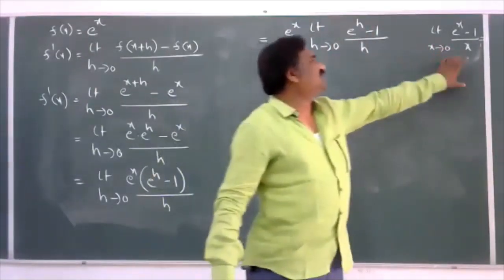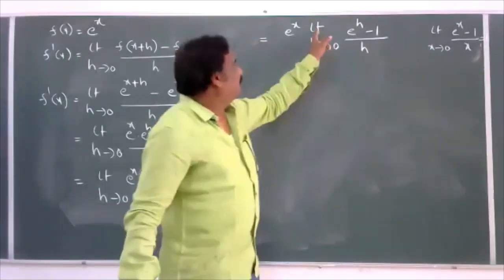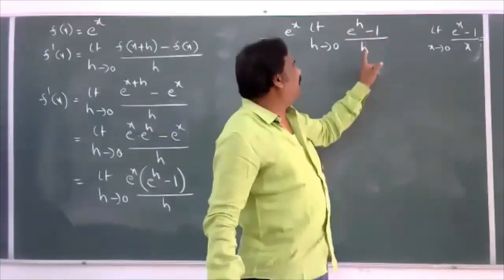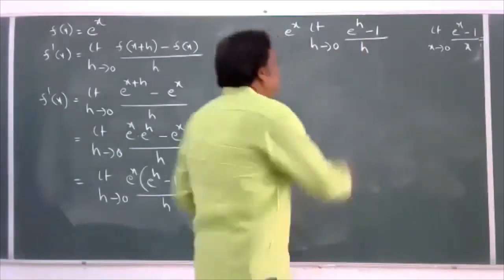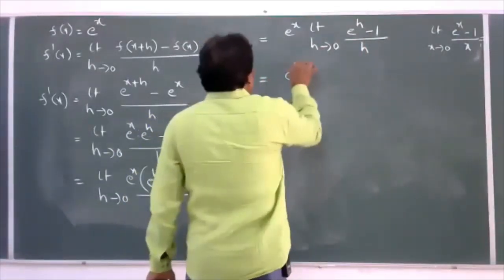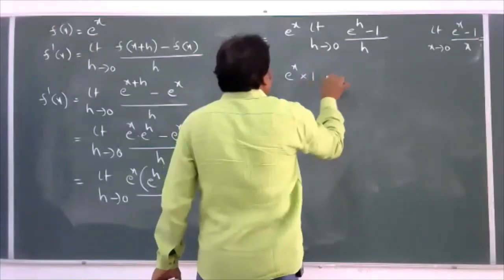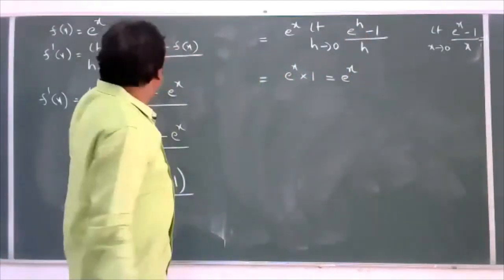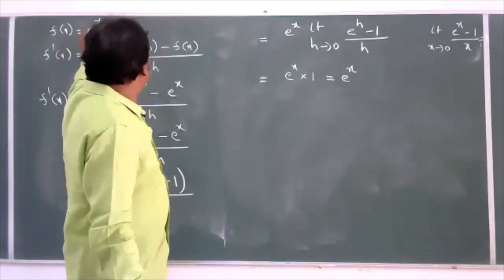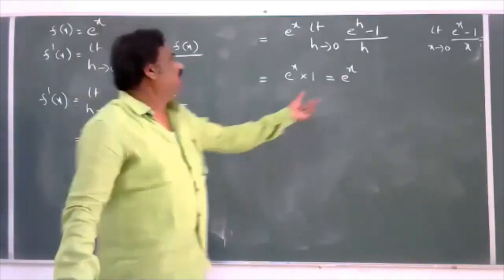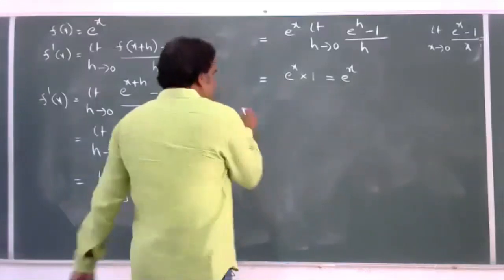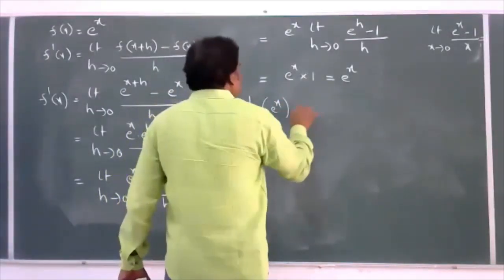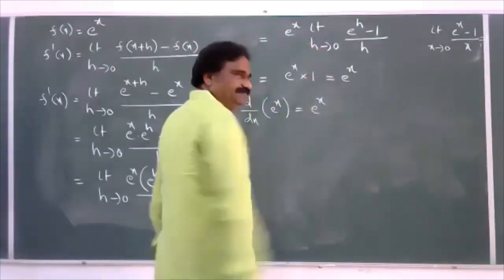By using this standard formula, substitute 1 here, then you get e power x into 1, which is e power x. So, the derivative of f of x is equal to e power x. That is d by dx of e power x is equal to e power x.